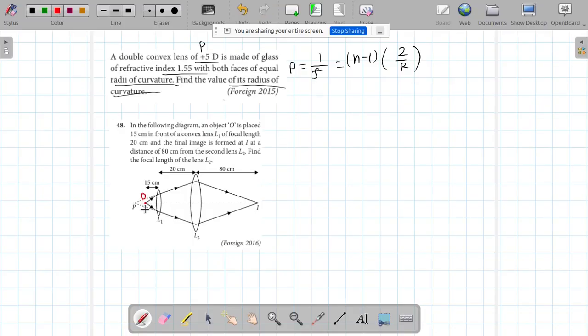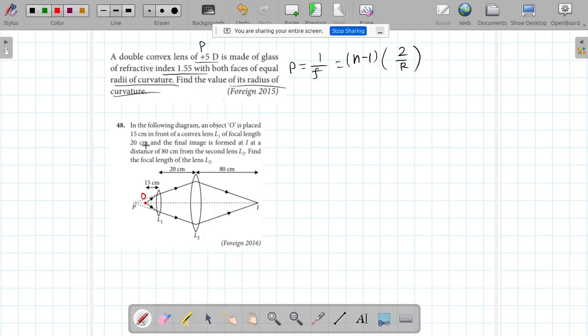And the final image. We need to find the image distance.